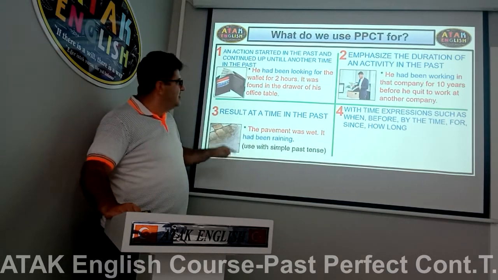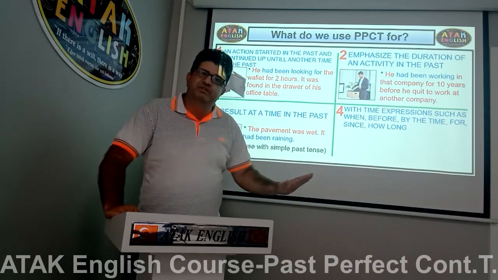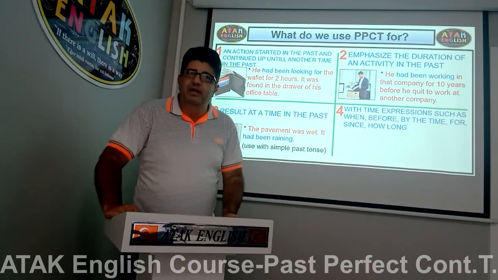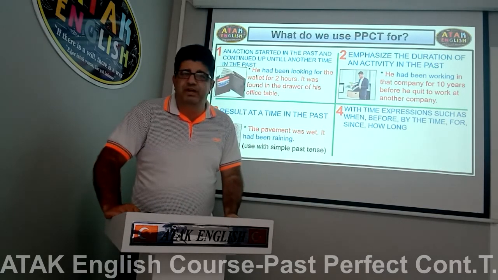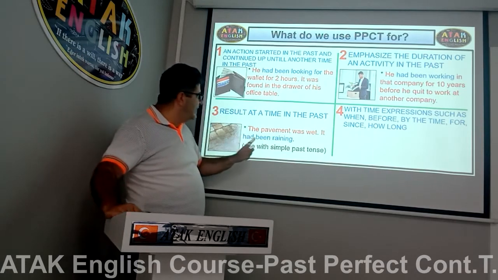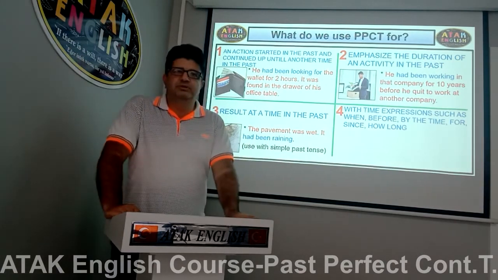That's why, first it rained and made the pavements wet. After the rain stopped, probably I went out and saw that the pavement was wet. That is why I use past perfect continuous tense here.